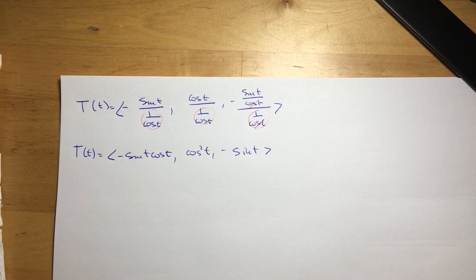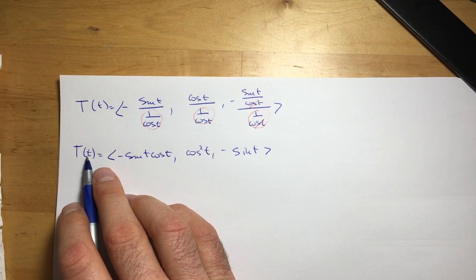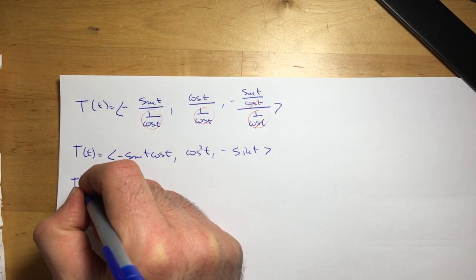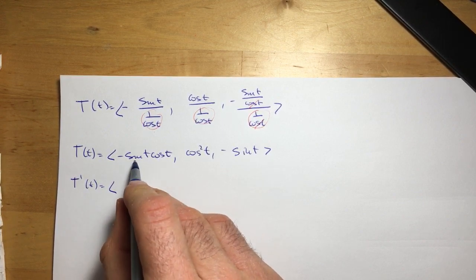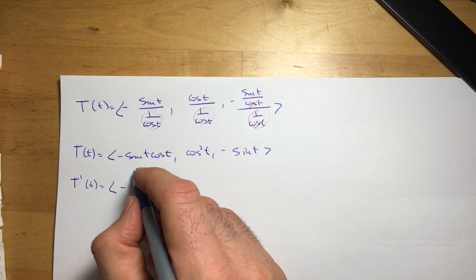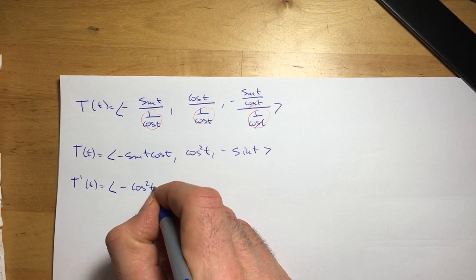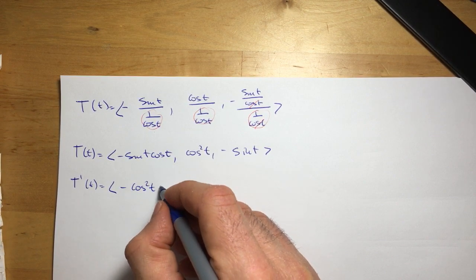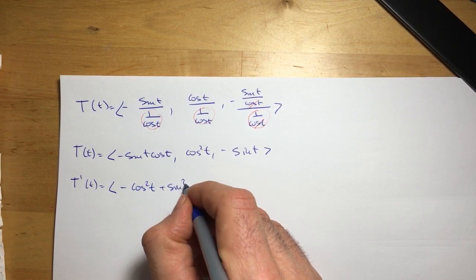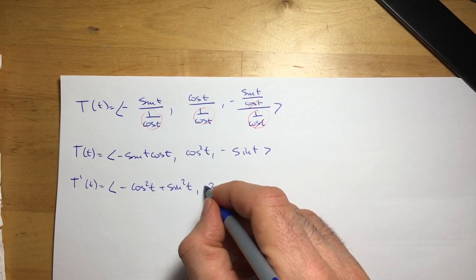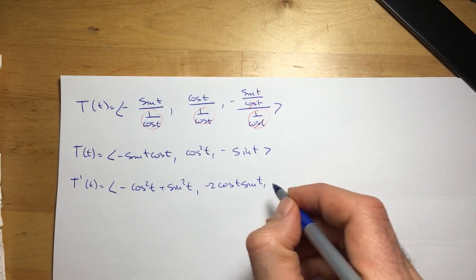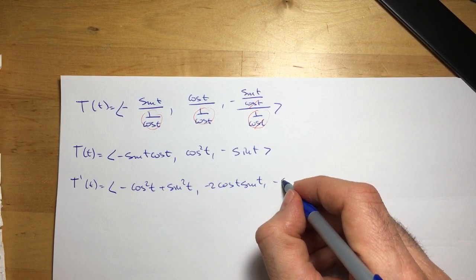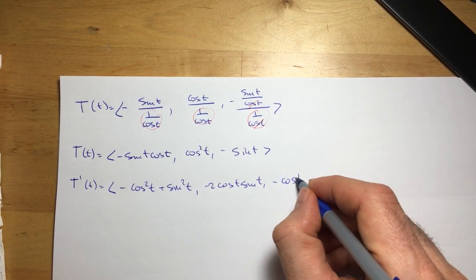Okay. Now that I have the unit tangent vector in terms of t, I have to find its derivative. And that's negative cosine squared of t plus sine squared of t, negative 2 cosine of t sine of t, and negative cosine of t.